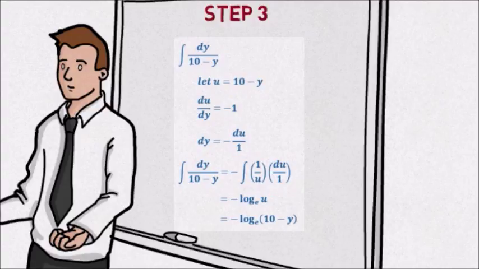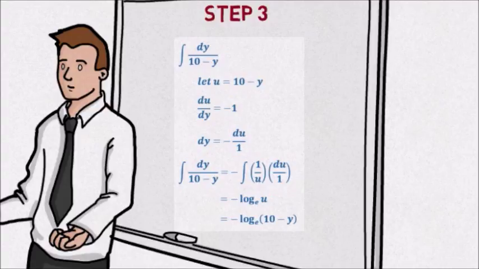Next, step 3, we will first integrate the left side of the equation, which is the integration of dy over 10 minus y. So, by using the substitution formula, we will let u equal 10 minus y, and we will differentiate u, whereby du over dy equals negative 1 and dy equals negative du over 1.